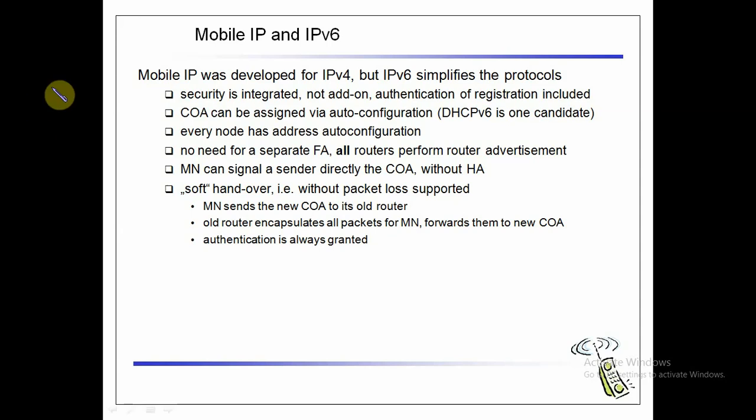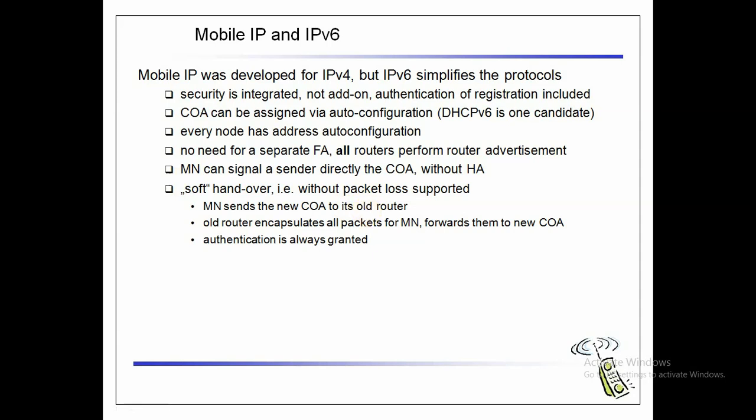We get address auto configuration, and every IPv6 node can send binding updates to another node. So the mobile node can send its current care of address directly to the correspondent node and the home agent. These mechanisms are an integral part of IPv6, and soft handover is possible with IPv6.